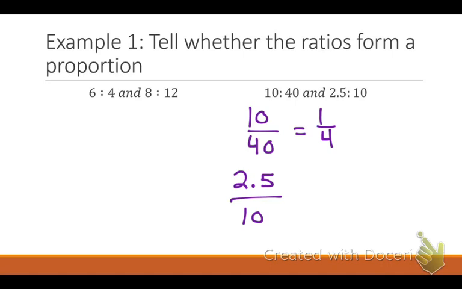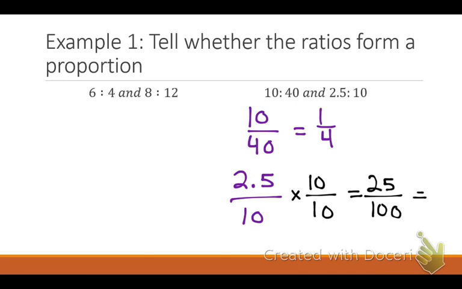So how could I get rid of my decimal here? Does anybody have an idea, Isaiah? You could probably move the decimal to the right one. If I multiply top and bottom by 10, because I have one decimal place, the tenths place, it becomes 25/100. Okay, and now it's a lot easier to see, what would that reduce to?